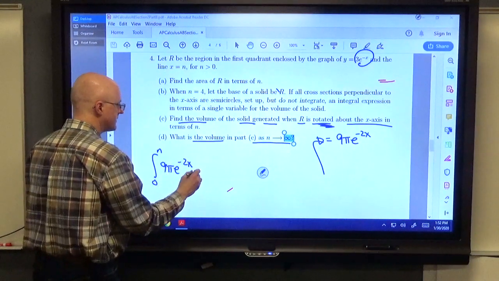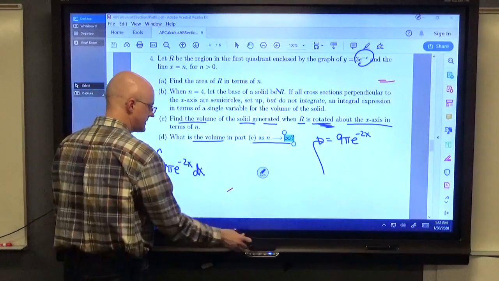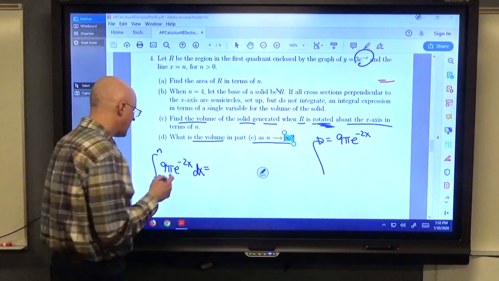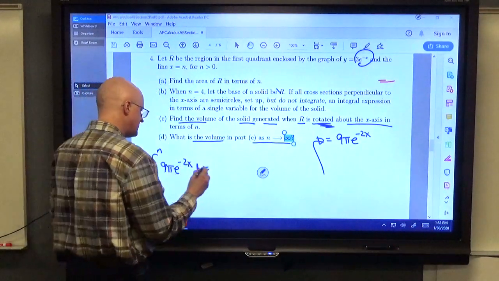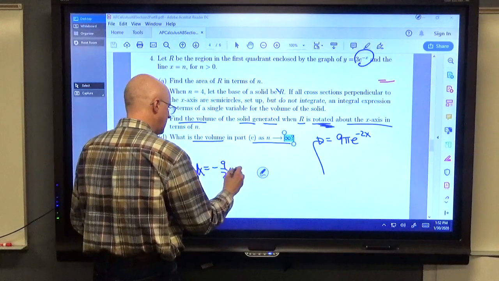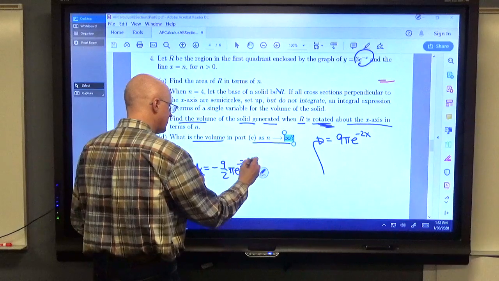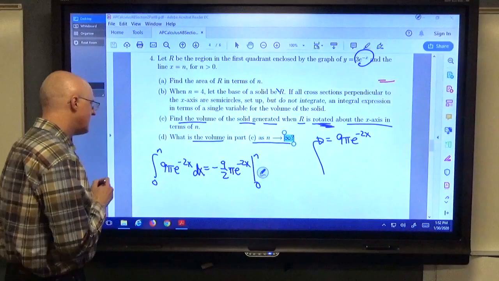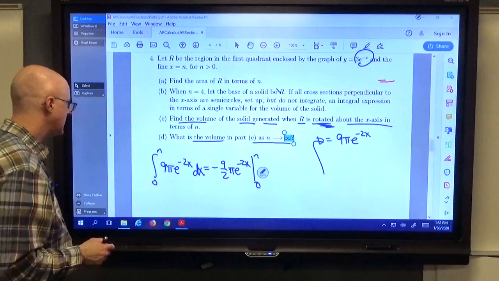Once again, to do this integral, you can do a substitution. But I hope you've got enough practice with this that you can just see the answer would be negative 9/2 pi e to the negative 2x for your antiderivative. Evaluate from 0 to n. I always double check by differentiating.